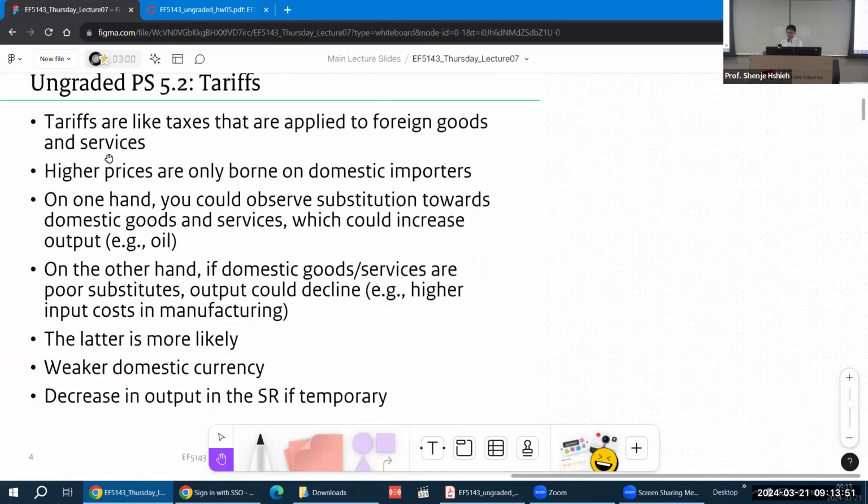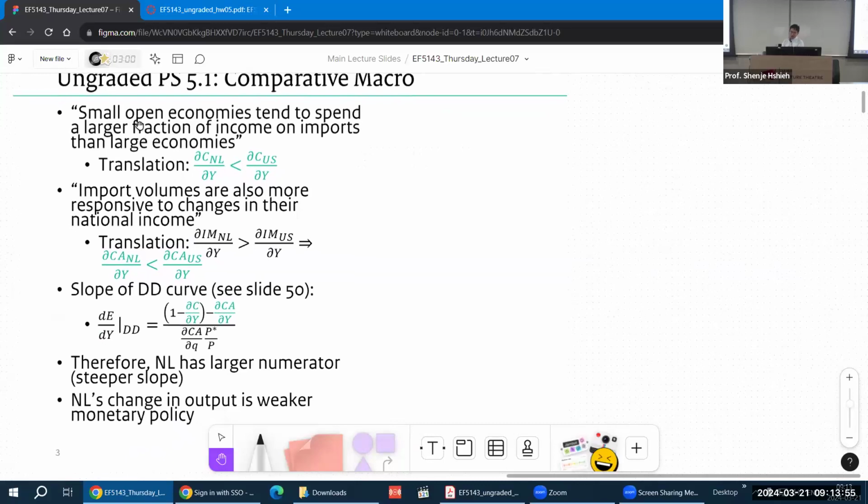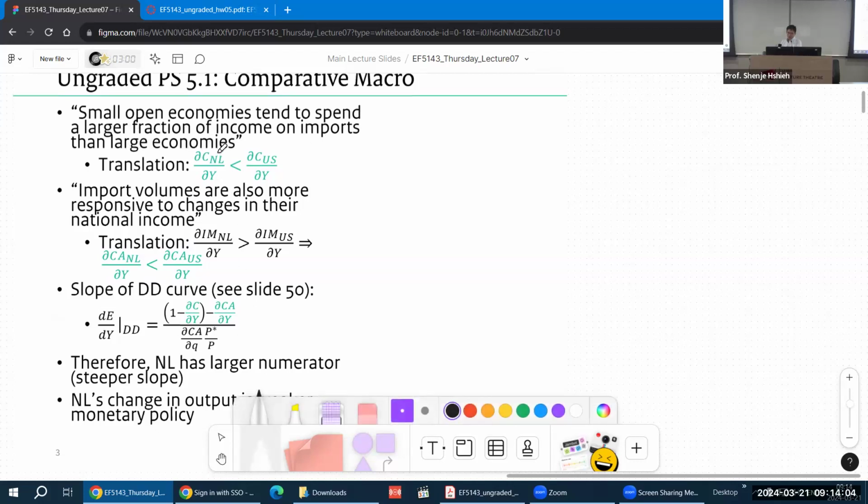So here we have two sentences that now you can interpret mathematically. So here we have: small economies tend to spend a larger fraction of income on imports than large economies. One can interpret that as if there is larger income, if people are wealthier in the Netherlands, then you can imagine that individuals and households in the Netherlands would probably be less likely to spend money domestically, right? Consume domestically.